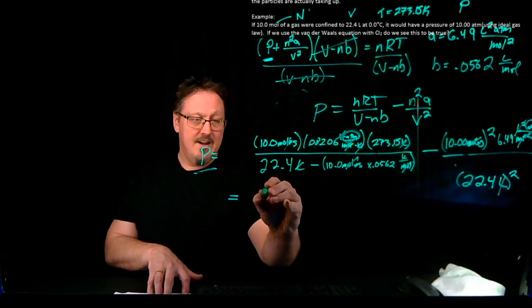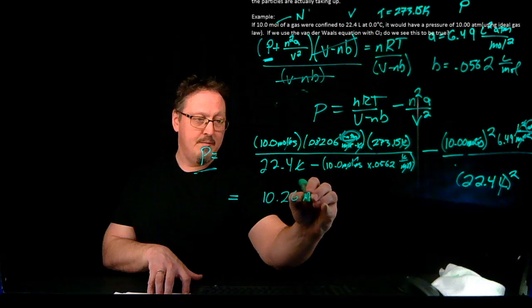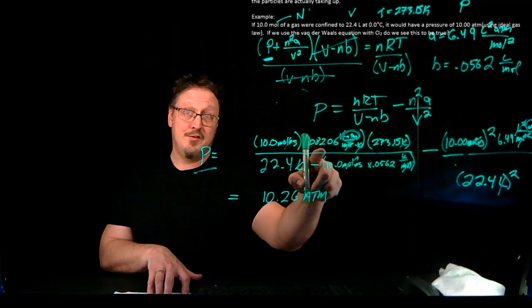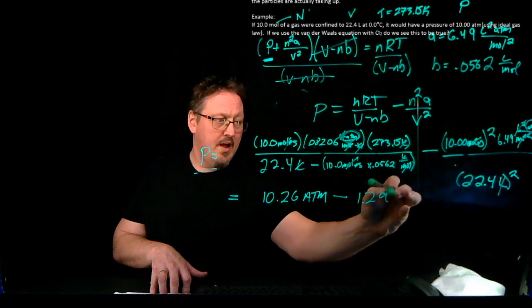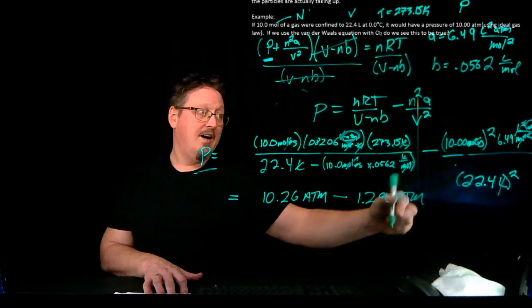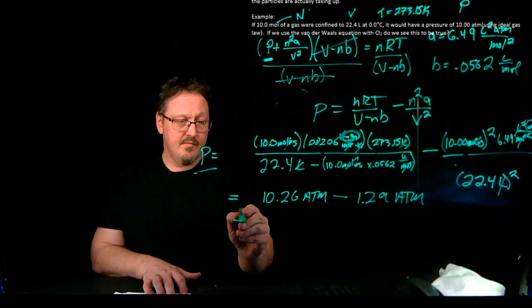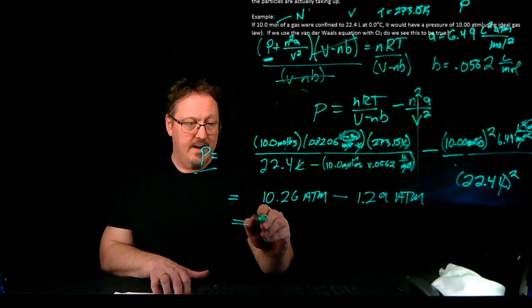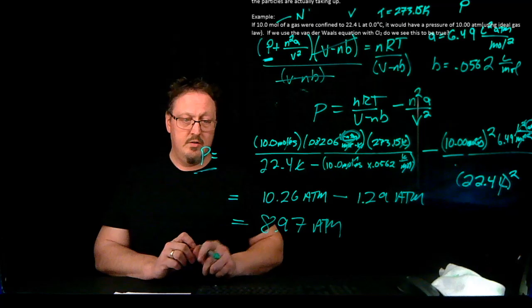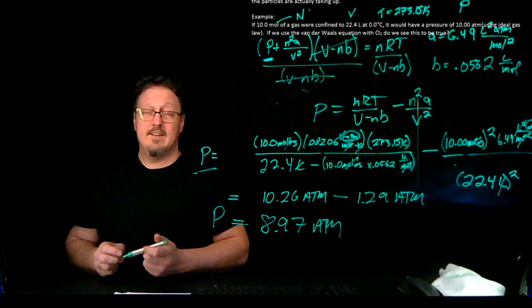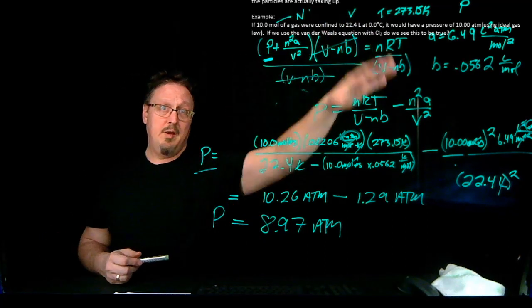You should have gotten 10.26 atmospheres out of this first term, minus 1.29 atmospheres out of the second term. And so when I do that, I get 8.97 atmospheres total pressure inside that Cl2 container using those same conditions.